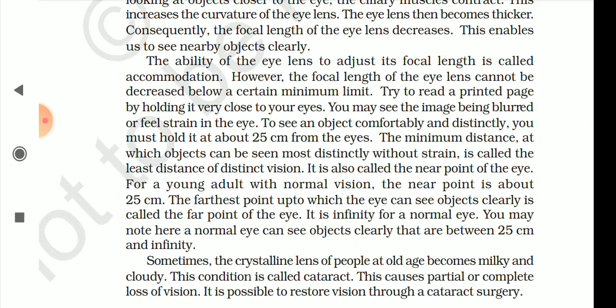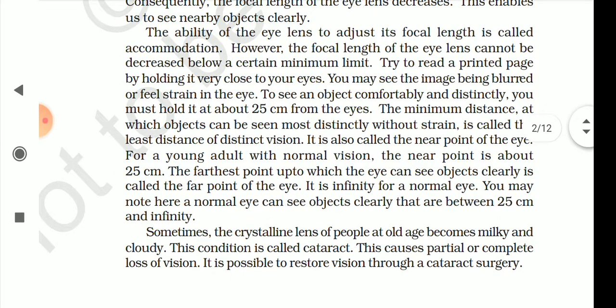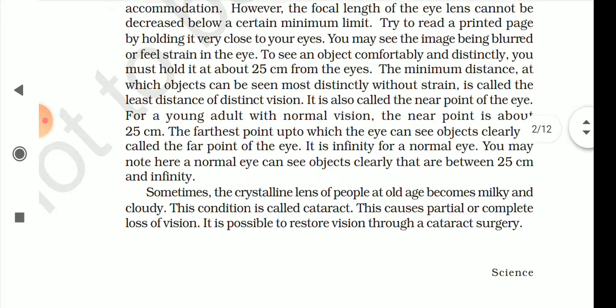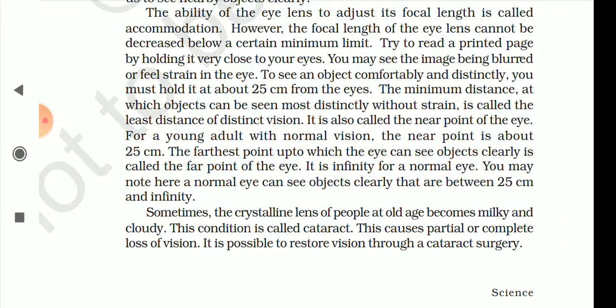For a young adult with normal vision, the near point is always about 25 centimeter. I hope you are clear with this. For a young adult human being, the near point is always the same, 25 centimeter.